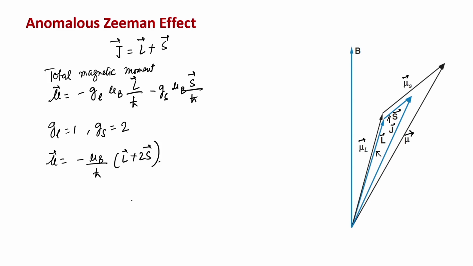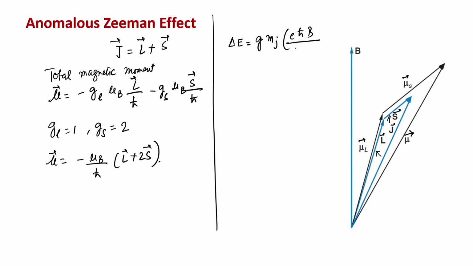So, in this case, this delta E, that is the splitting between the energy levels for this spin, where the spin is finite, of these initial and final states. I mean, either the initial state or the final state or that of both. Now, we have to use the quantum number corresponding to J. So, this is equal to g m_J eħB divided by 2mₑ.